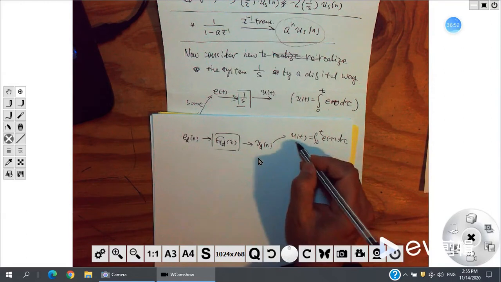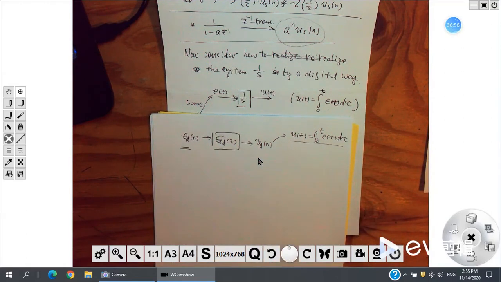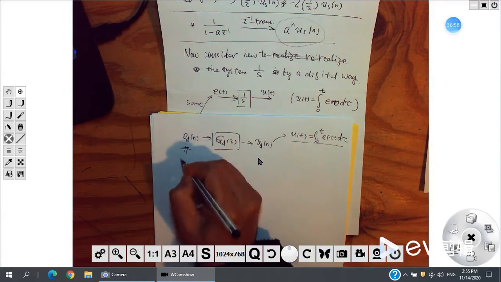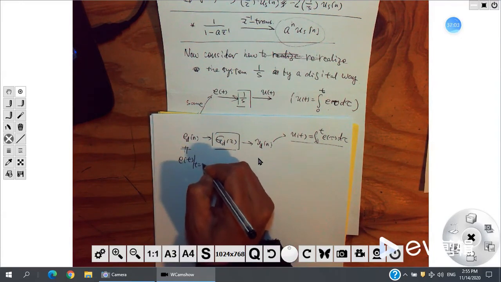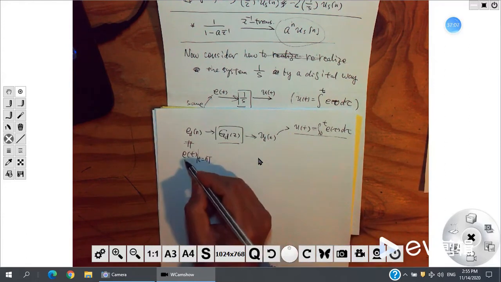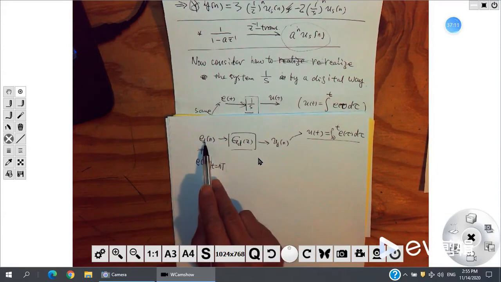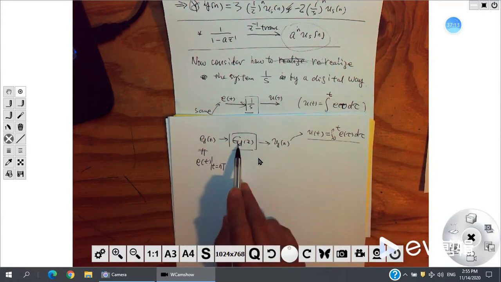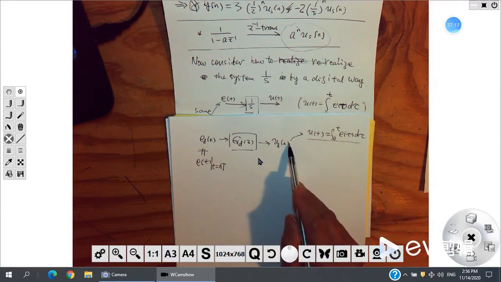Now we want to rewrite this part in terms of ED. Now, ED is this one. ED is E of t, and t equal to n times capital T. You take samples from E, right? E is the input here. Then you take samples, you get ED. Then by this digital system, you have output UD. You want UD to go to U of t.